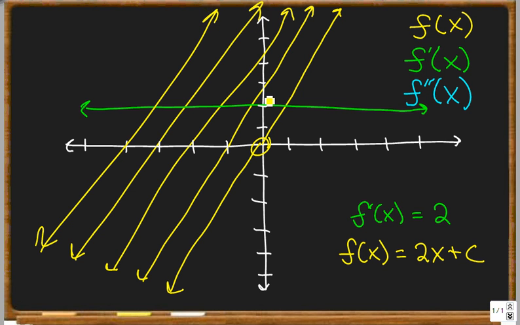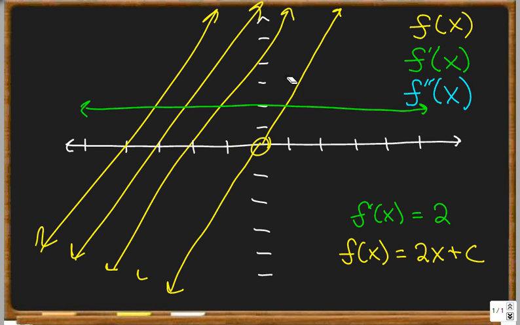Obviously this is not drawn perfectly to scale, but hopefully you get the idea: as long as it's the same slope with a different y-intercept, then it works. Now we don't know which one it is necessarily, and that's where we need a little bit of extra information. But we can always find a function of some sort, even if it's general, in this plus c form, that'll tell us what our higher function is going to be.